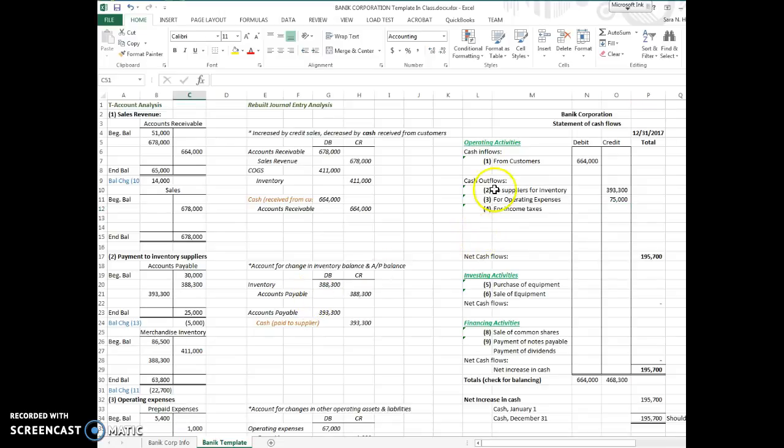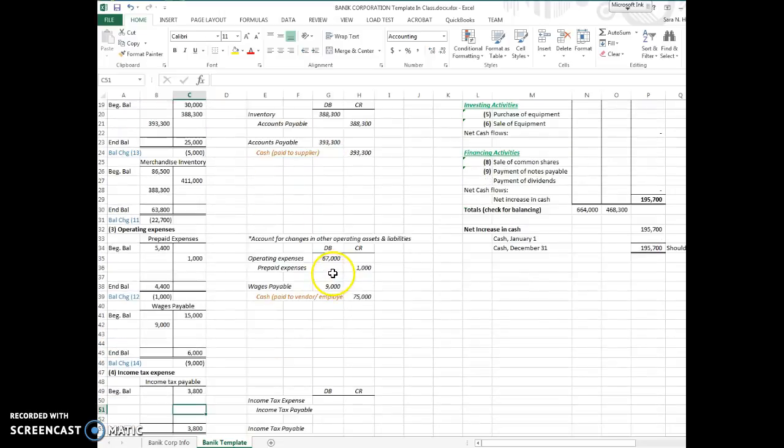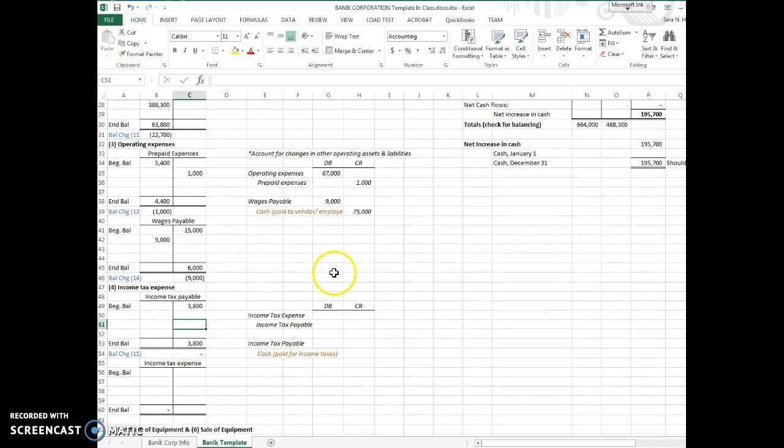All right, let's finish off the operating activity section of the statement of cash flows by lastly looking at income taxes. Taking a peek at your income statement, you can see that you had income tax expense of $43,890.